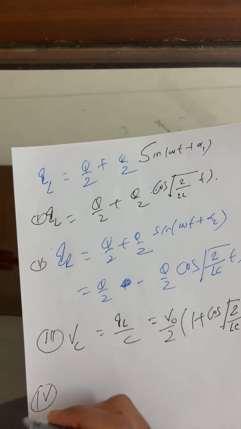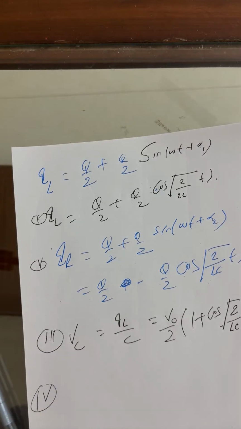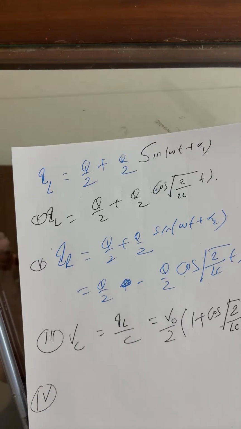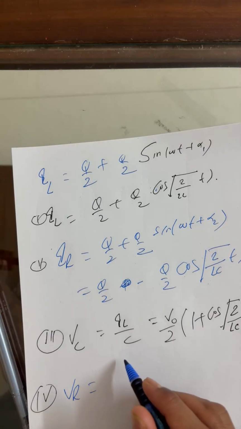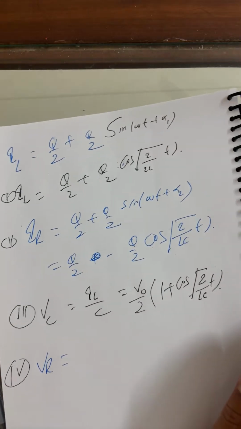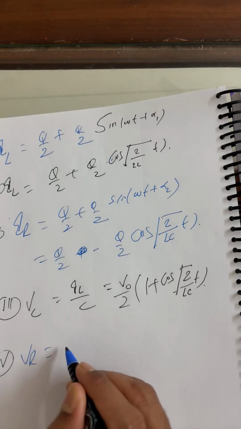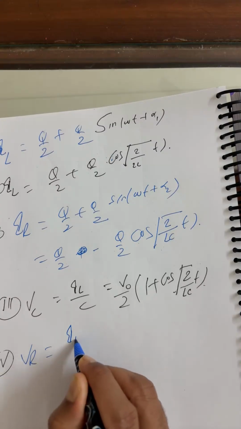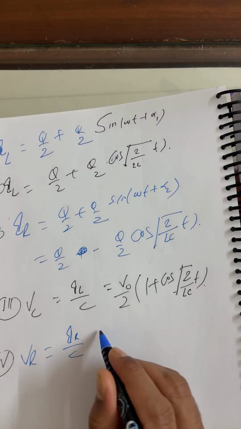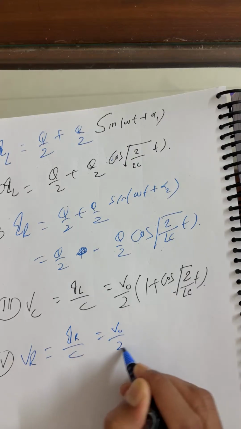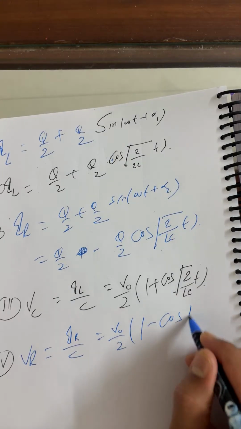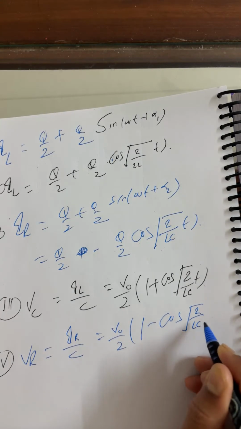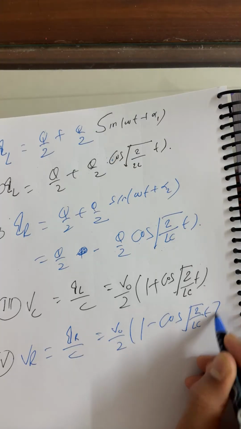Beta, the last expression here is basically LC oscillation. So the potential as a function of R is QR by C, which is equal to B0 by 2 times 1 minus cos of twice of LC into time t.